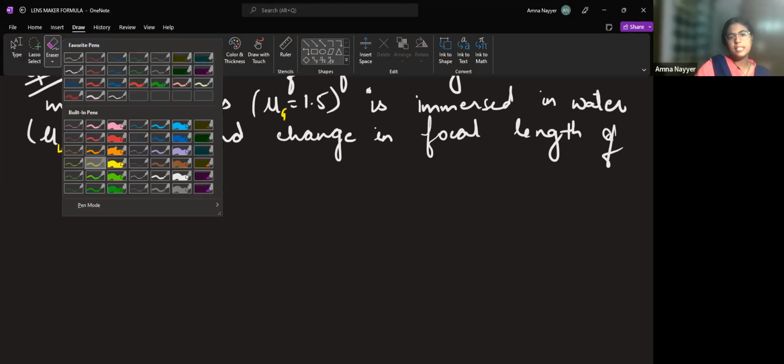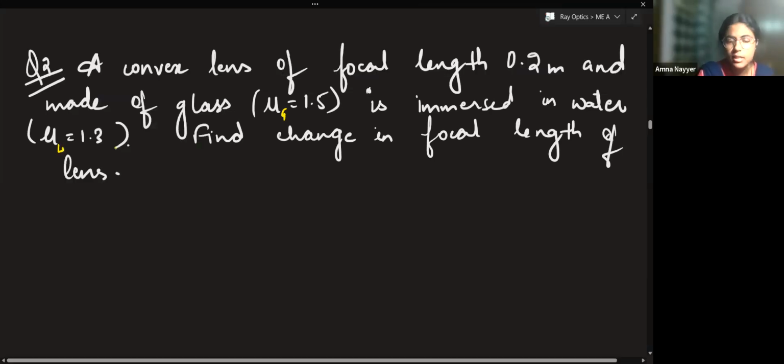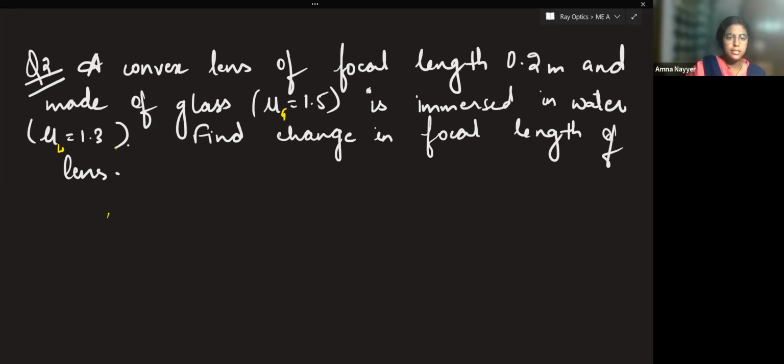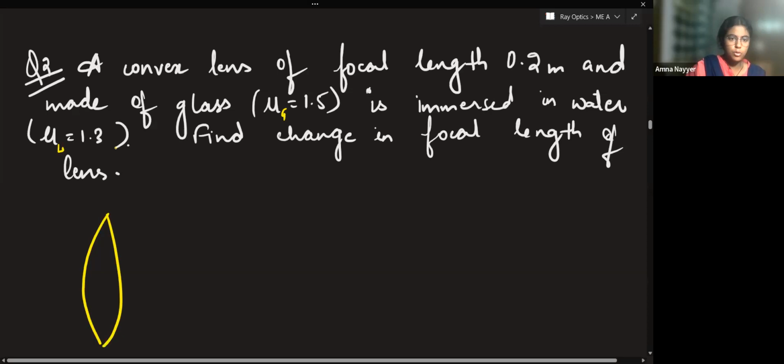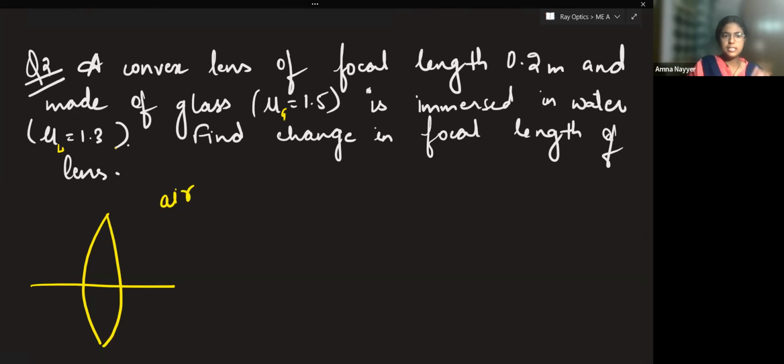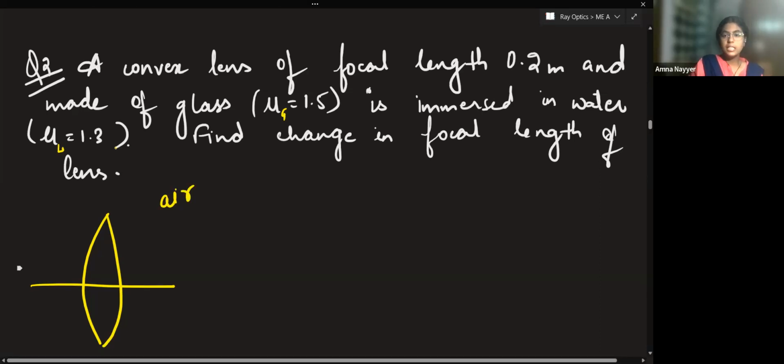And it says find the change in the focal length. So initial focal length, see, this question says that the convex lens is there, this is air, this is the glass. Fine. Here the focal length is coming 0.2 meters.